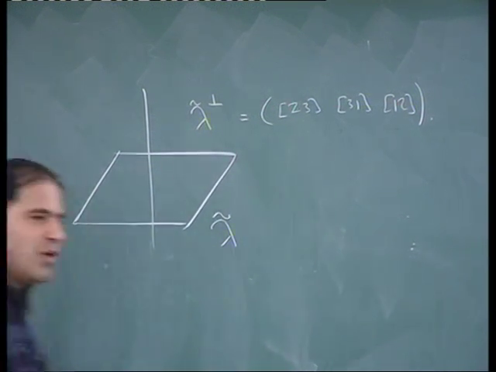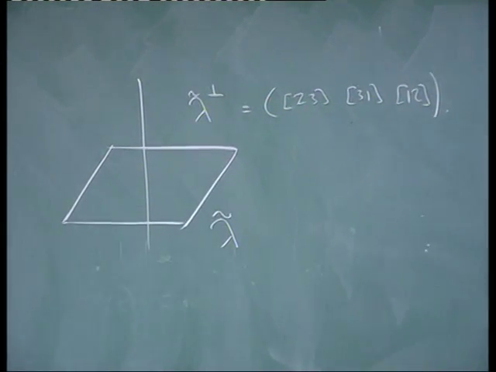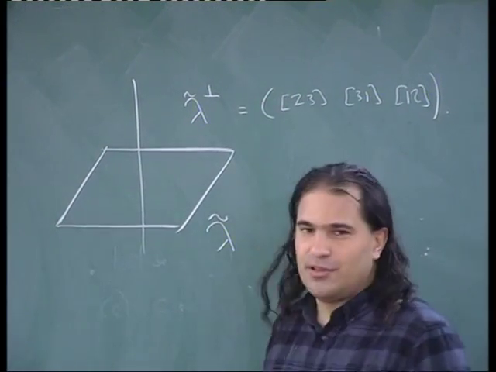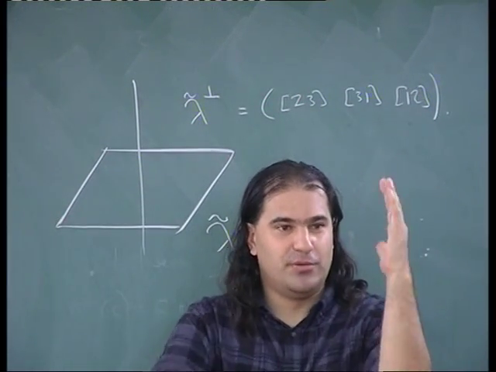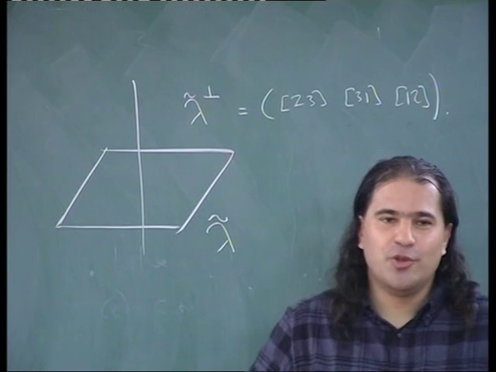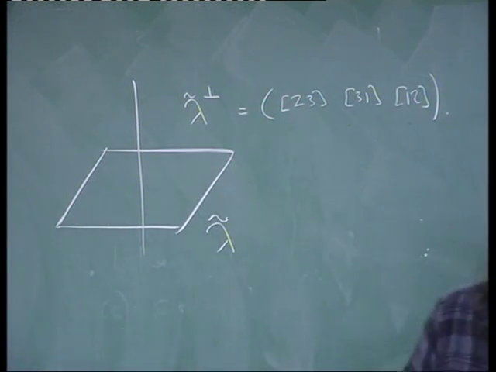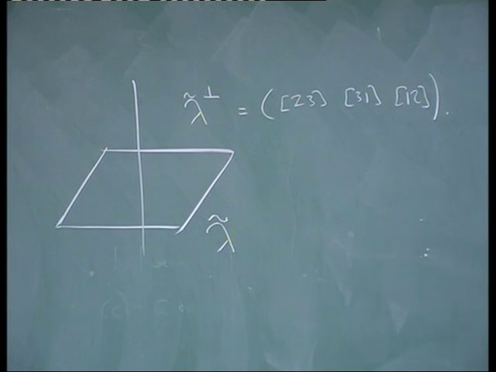So the idea is that we're going to do something a little strange. Instead of saying that lambda and lambda tilde directly have this relationship to each other, that they're orthogonal, we're going to introduce an auxiliary object. We're going to introduce a 1 plane in 3 dimensions, so just a line, and we're going to integrate over configurations of the line and demand that this line contain the lambda plane and be orthogonal to the lambda tilde plane.